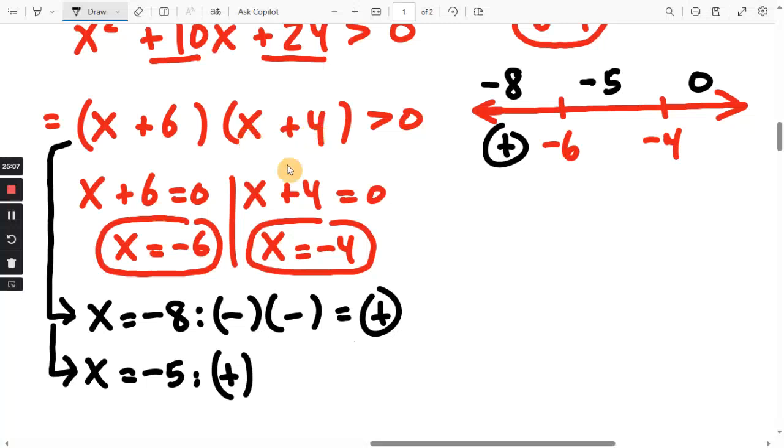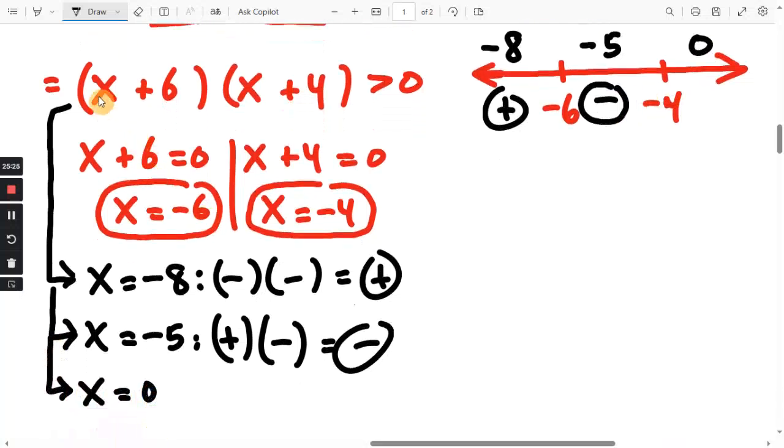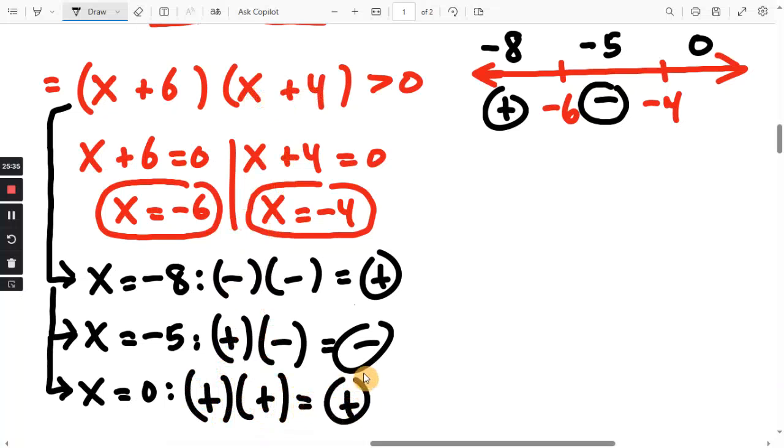Negative 5 plus 4 is negative. Positive times negative is negative. So that's for this section. Last section, we could try the x equals 0. 0 plus 6 is positive. 0 plus 4 is positive, and positive times positive is positive.